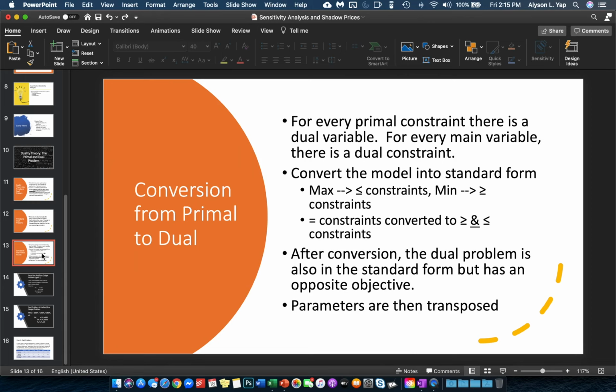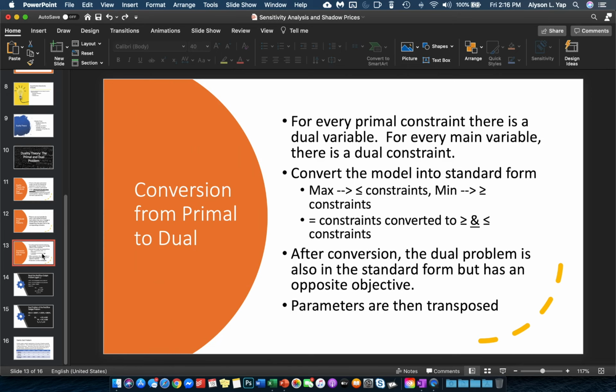If your objective is to maximize and you have a greater than or equal to constraint, then all you have to do is negate both sides. By negating both sides, you now convert your greater than or equal to constraint into a less than or equal to constraint. In the same manner, if you have a minimization problem and you have, let's say, less than or equal to constraints, then you have to negate both sides in order to convert your inequality to greater than or equal to.